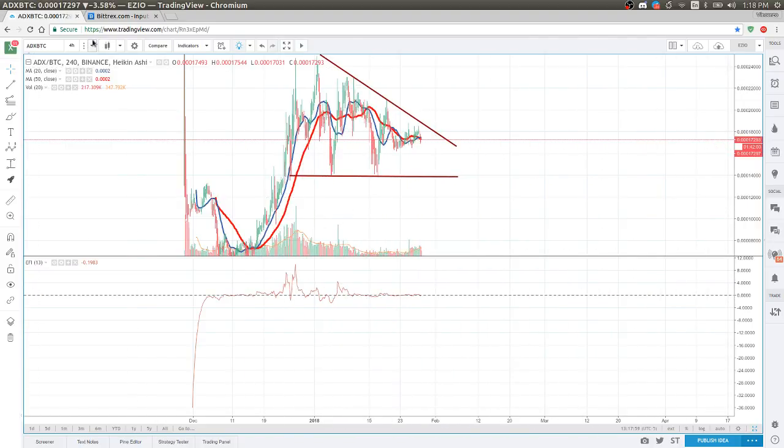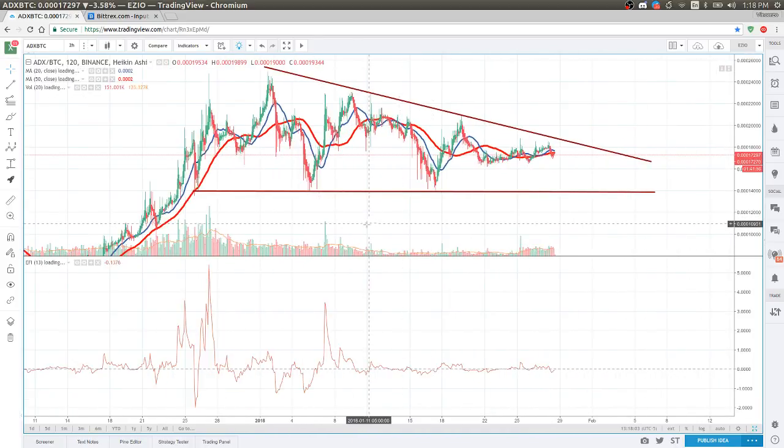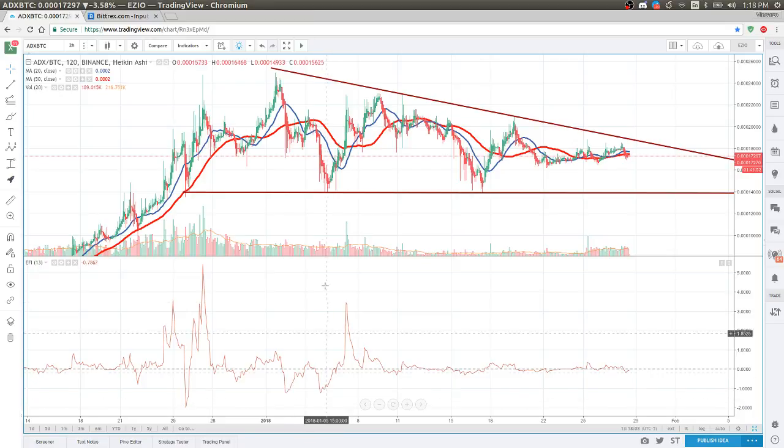No, actually too much. 2 hour chart. See what we see here. So when it's very low and it starts to go up, it's always a good buy, especially when it goes above the middle line. It looks like it's pretty good right there.